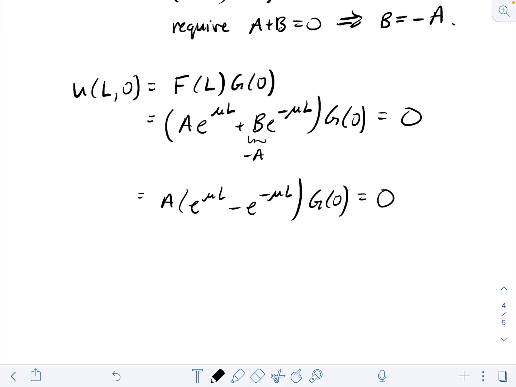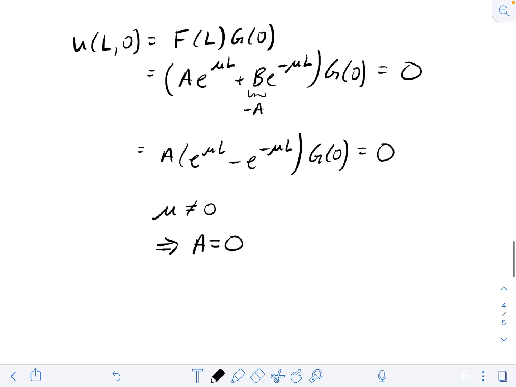Okay, but we assume mu is some positive number, so mu is not equal to 0. We're going to consider the case h equals 0, and therefore mu equals 0, later. And we don't want to set g equal to 0, and so that must mean, therefore, a is equal to 0.